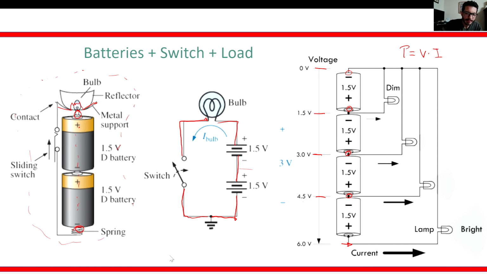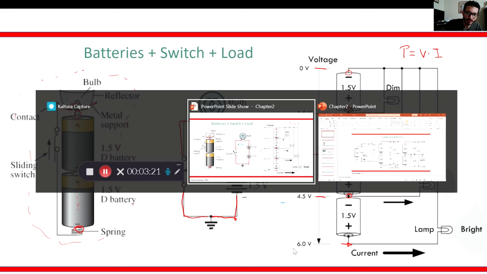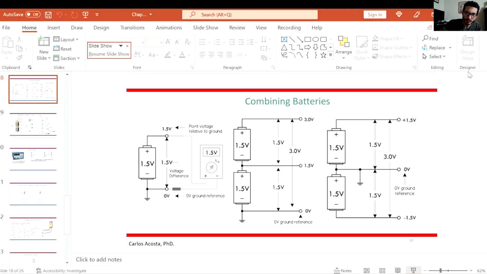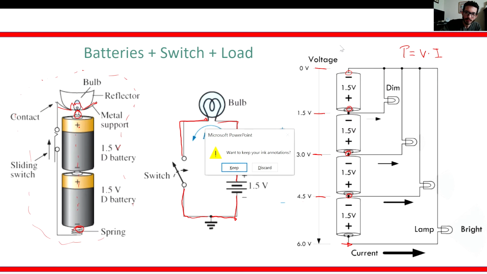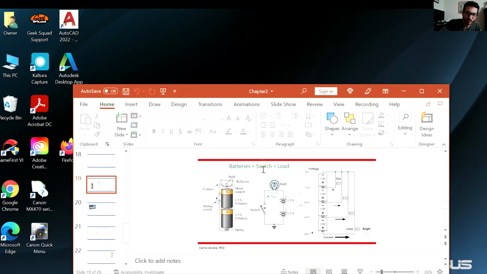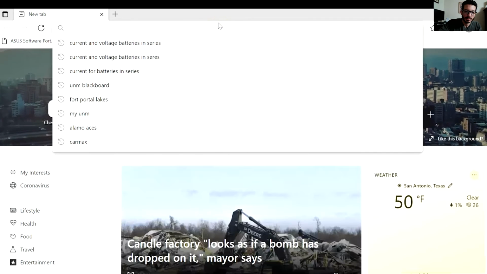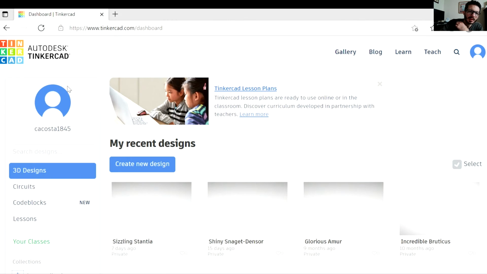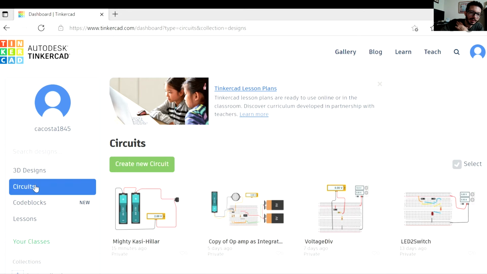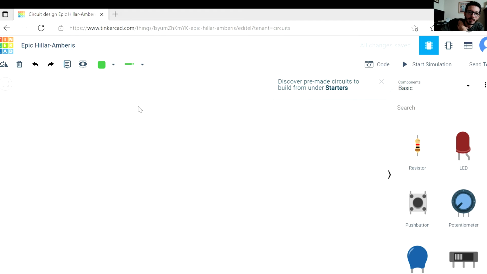We can create this circuit if we go to Tinkercad. You create a circuit, and you know that you can create an account with your college ID for free.